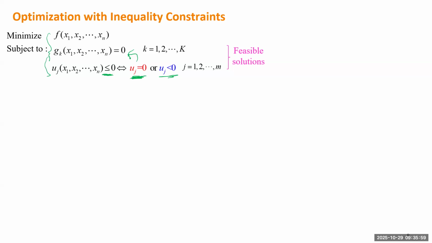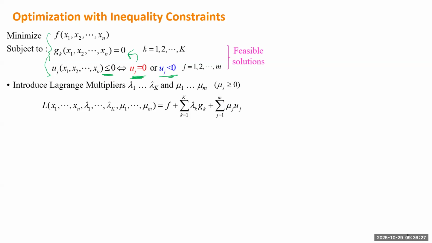So we just find the stationary point for the new Lagrange function. And then, we need to address this one. We also need to make sure that if this equality constraint does not hold and this is true, that's also good. Okay, let's go to the detailed steps of how to solve this problem.